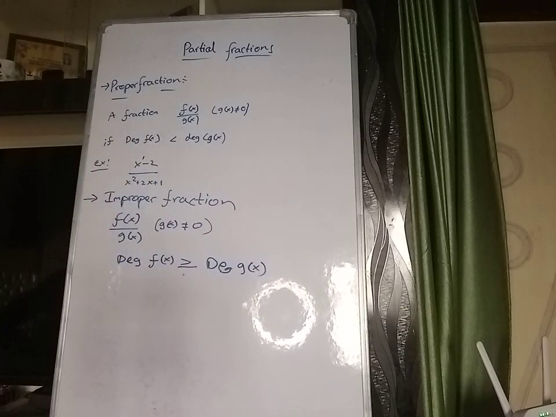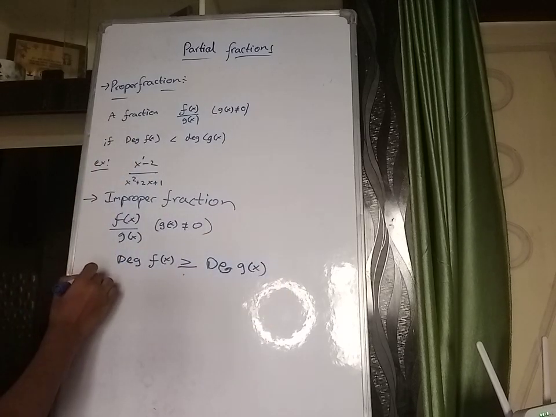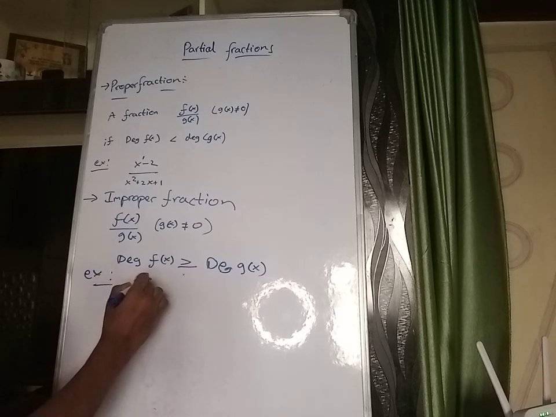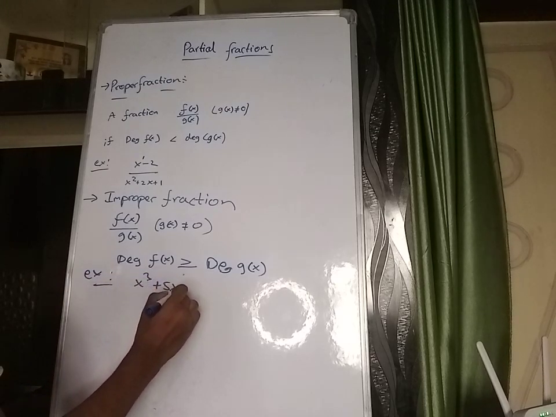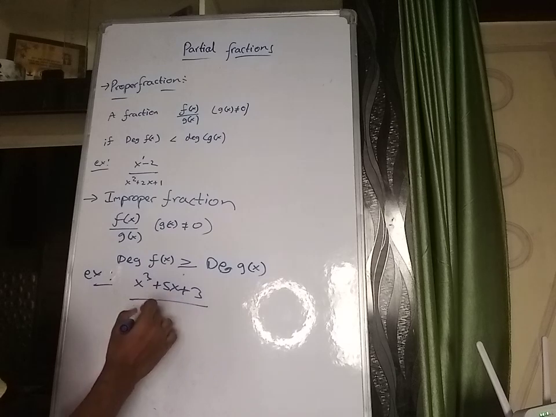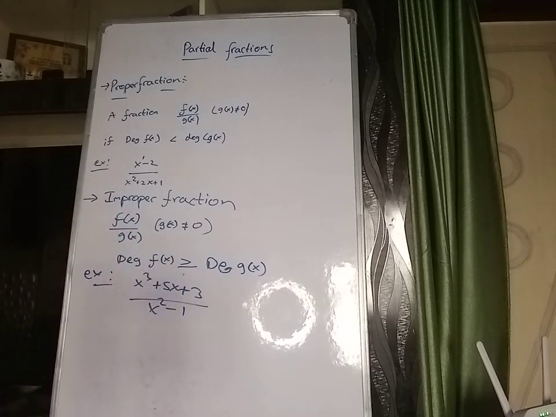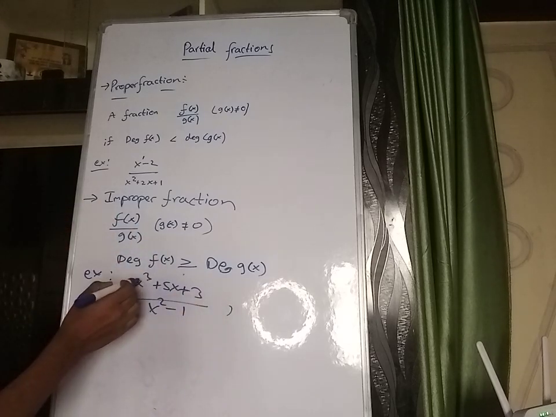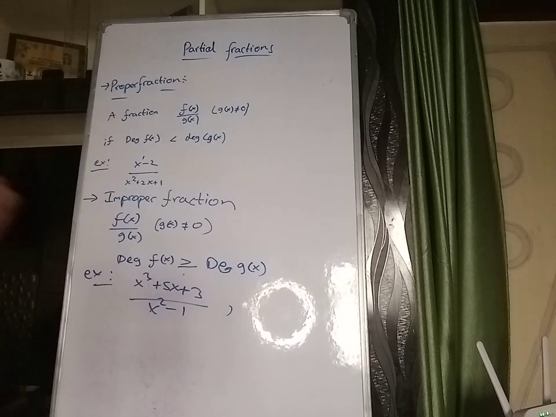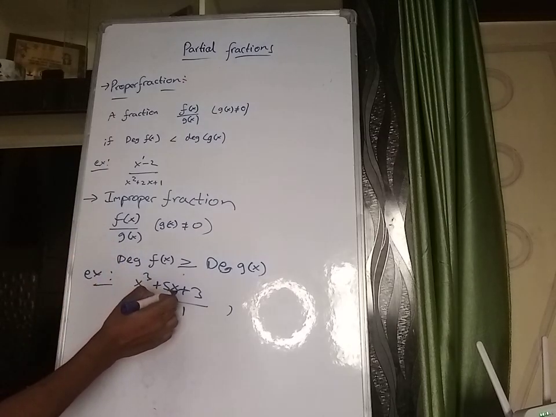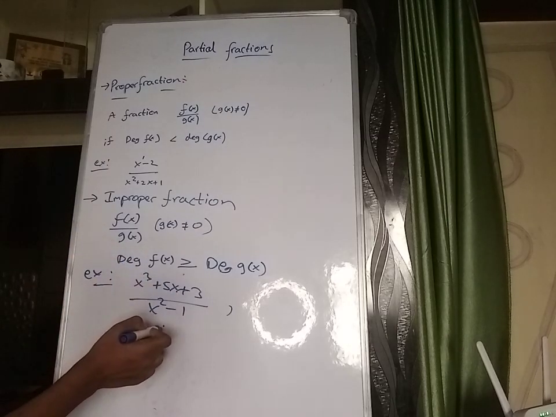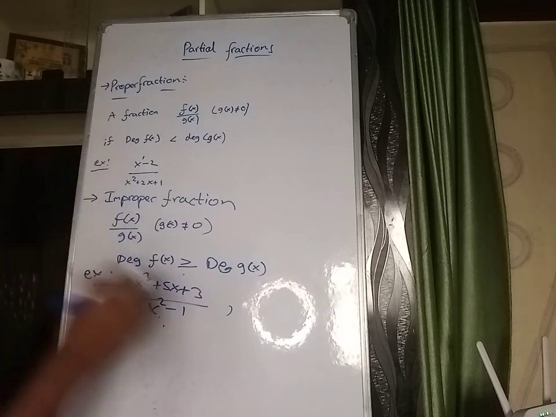Let us take an example. x cube plus 5x plus 3 divided by x square minus 1. The degree in the numerator is 3, and the degree in the denominator is 2.